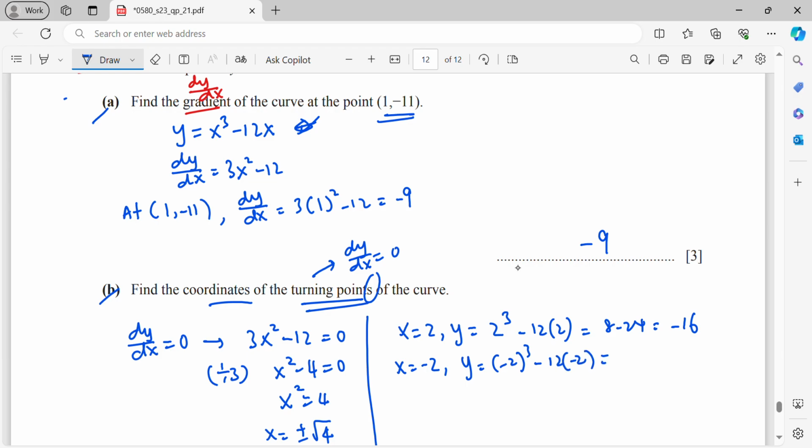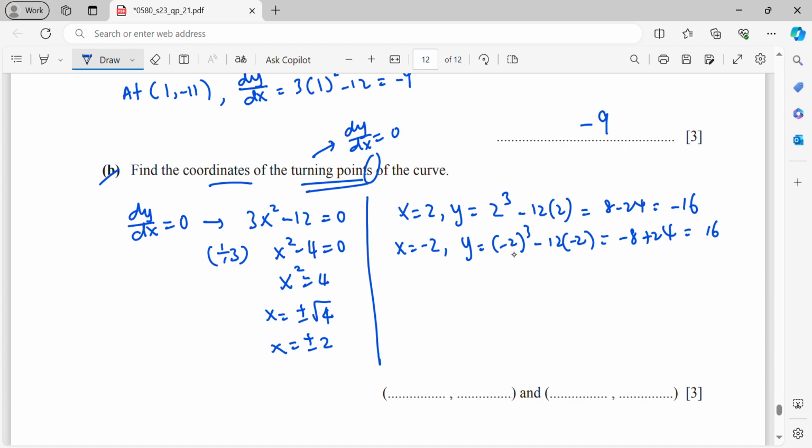That is going to be minus 8 plus 24, that is positive 16. So here I will get my points, with coordinates 2, minus 16 and minus 2, 16. So done for this question.